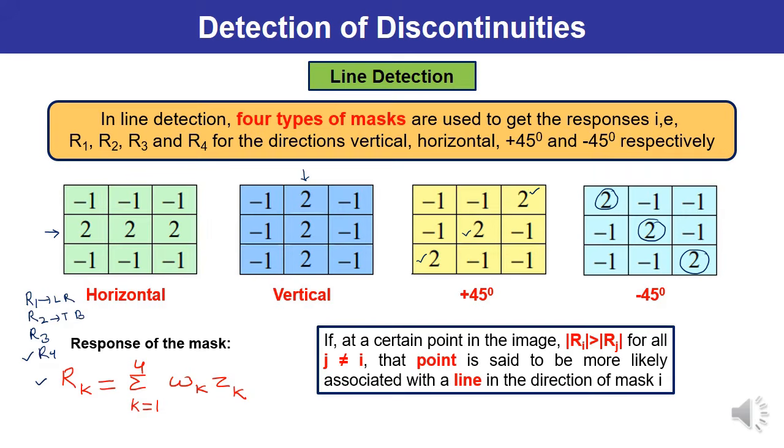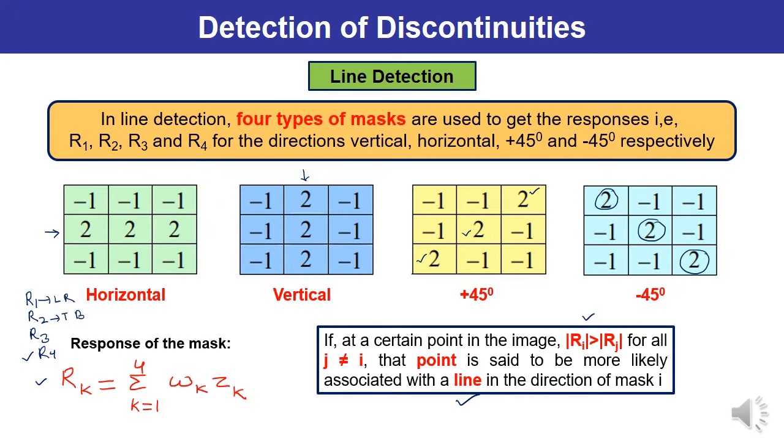So here, if at a certain point in any image, see this particular condition, mod of Ri is greater than mod of Rj, for all values of j which is not equal to i, that particular point is said to be more likely associated with a line in the direction of mask.